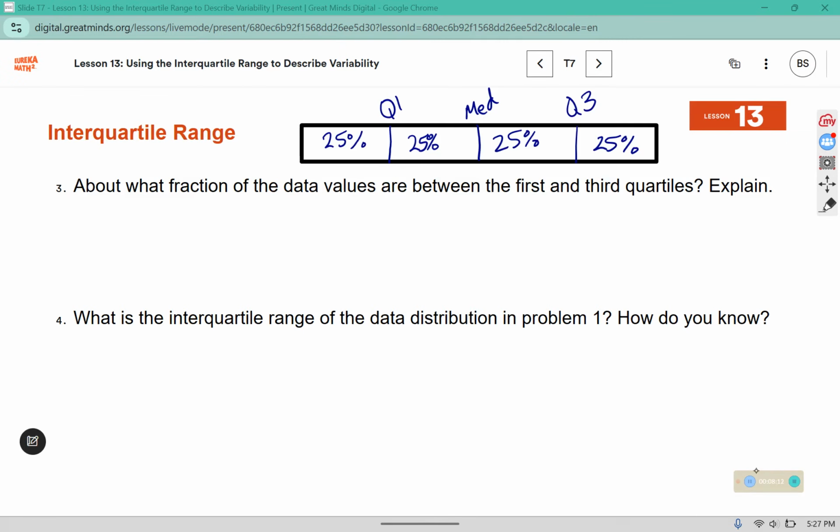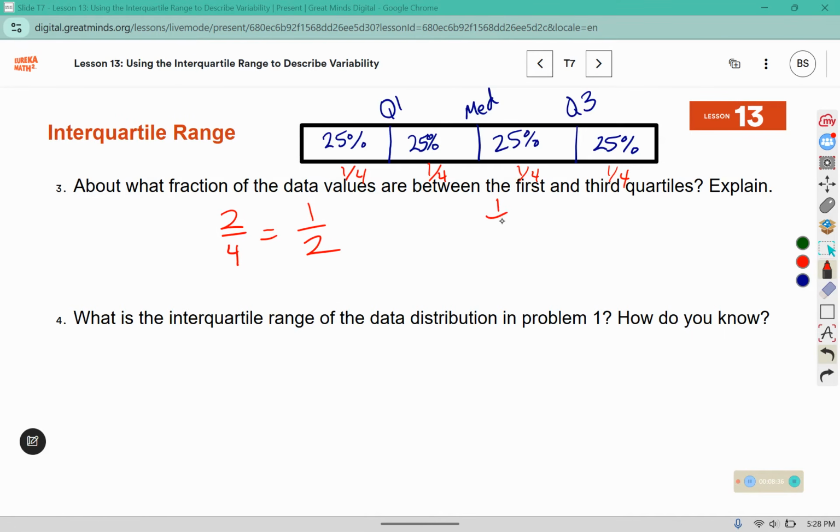About what fraction of the data values are between the first quartile and the third quartile? Well, that would be from here to here. So that's 1/4 and 1/4 makes 2/4 or 1/2.